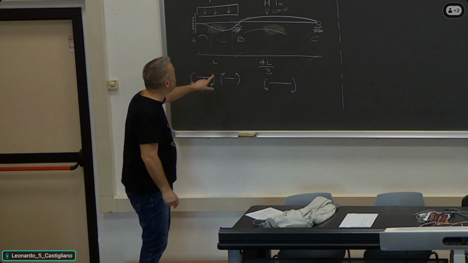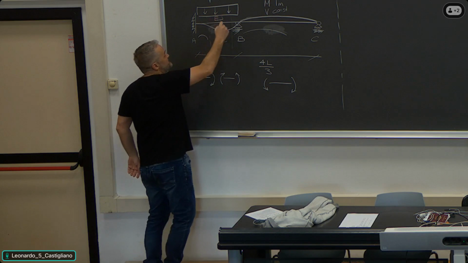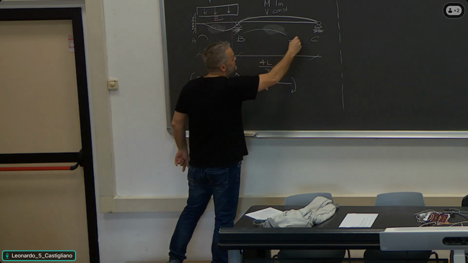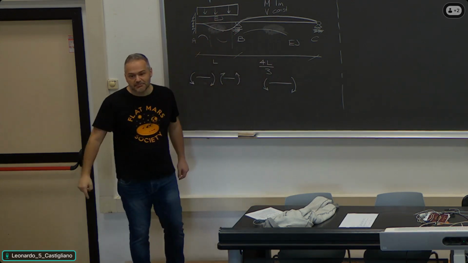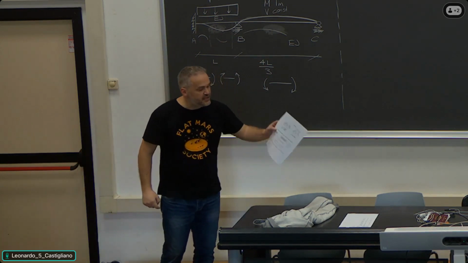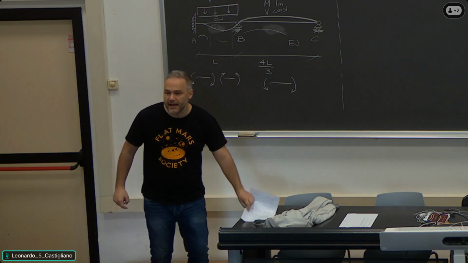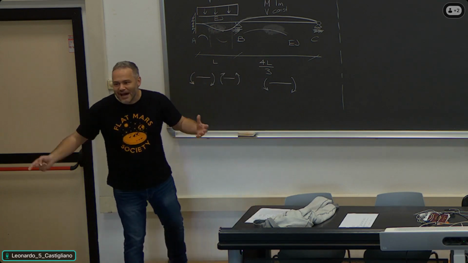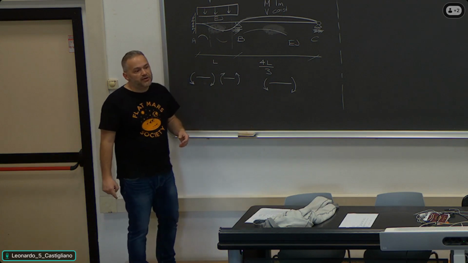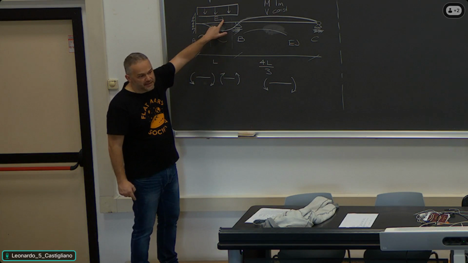As a matter of fact, here the first case is L and EJ. The second span is 4L divided by 3 and EJ. But if you have this standard coefficient, you can get whatever coefficient you need depending on what may vary in the written assignment you have at the exam. Either the length or the bending stiffness. Okay?